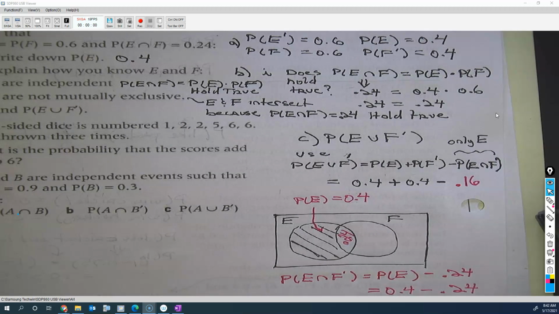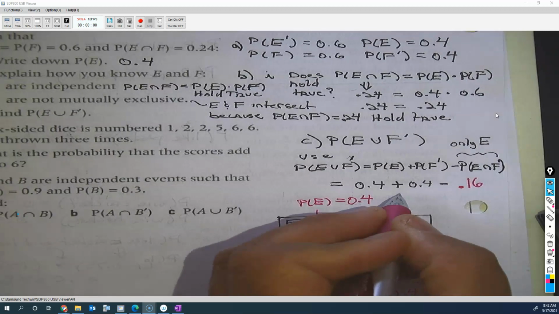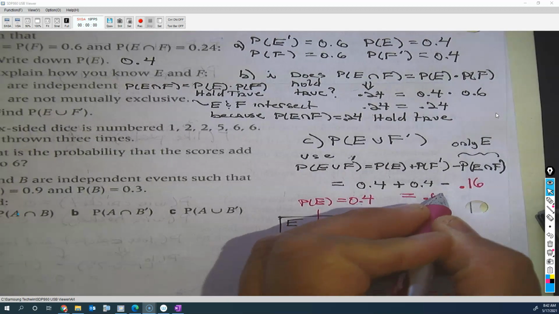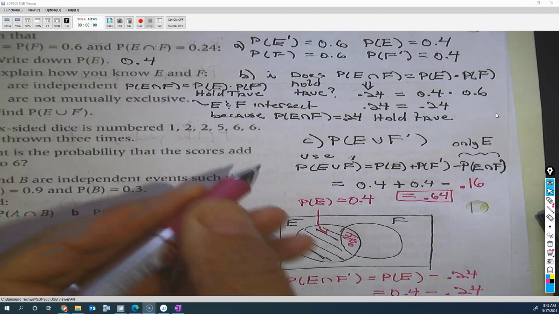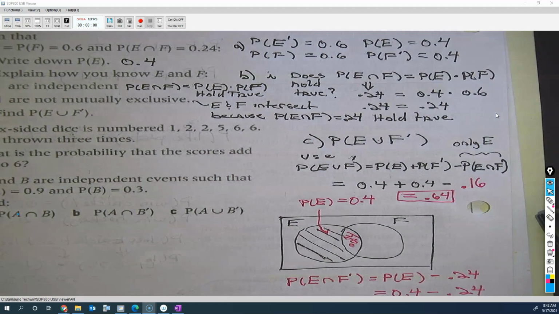So 0.8 minus 0.16 is 0.64. Questions on how we did that?